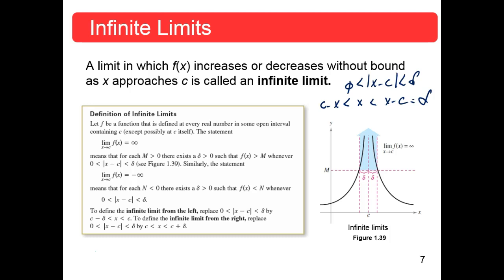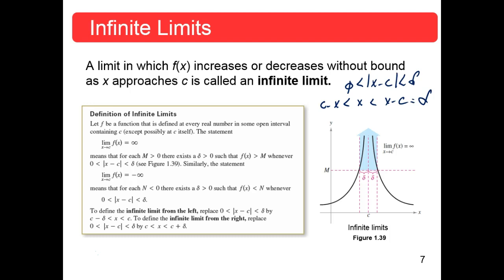So that's what it's saying here. And on this side, your c is less than x, if x is over here, and that's less than c plus delta. Okay. So that's what it's saying. You're either in this part or that part, is basically what they're saying.